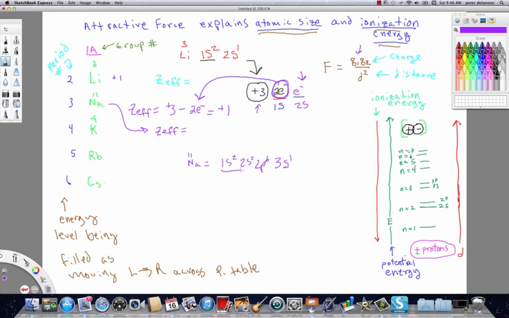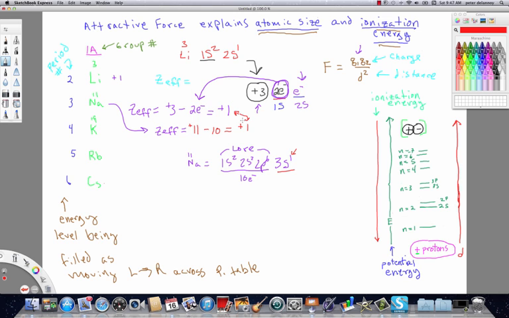Okay, if we count the electrons that are here, we've got a total of 6, and 2 is 8, and 2 is 10 electrons, which represent the inner core of sodium, by contrast to its outermost valence electron. So the Z effective for sodium is going to be 11 minus 10 equals +1.